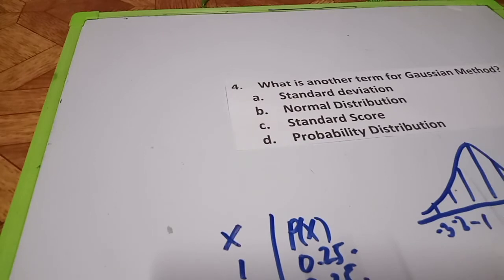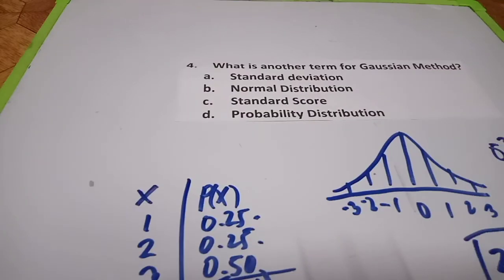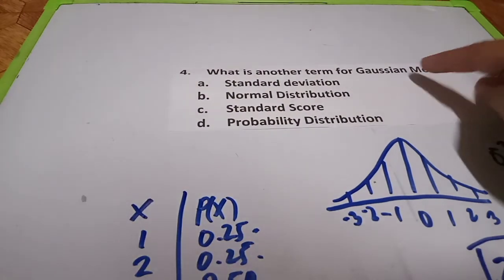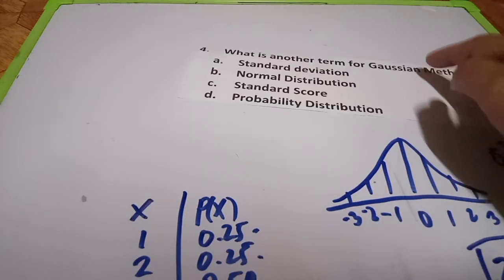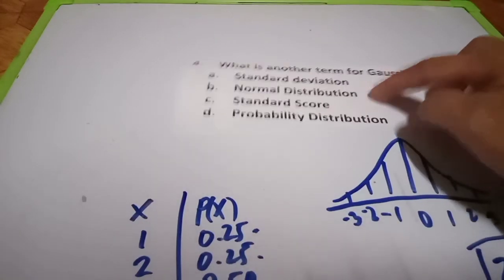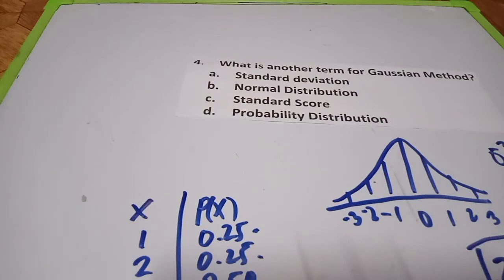If we count the heads: head and tail, 1; tail and head, 1 again; head and head, 2; and tail and tail, 0. So that will be the start of probability distribution. So the best answer for the Gaussian method, take note, is the normal distribution. Gauss is the person who discovered the normal distribution.